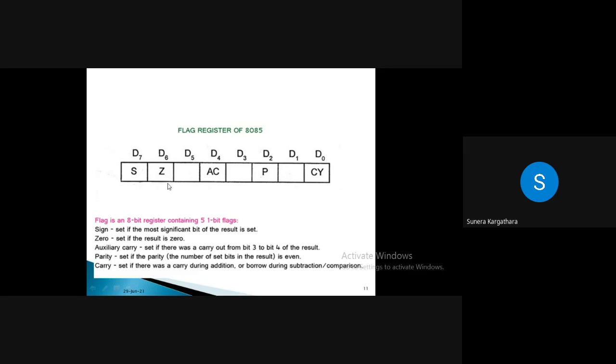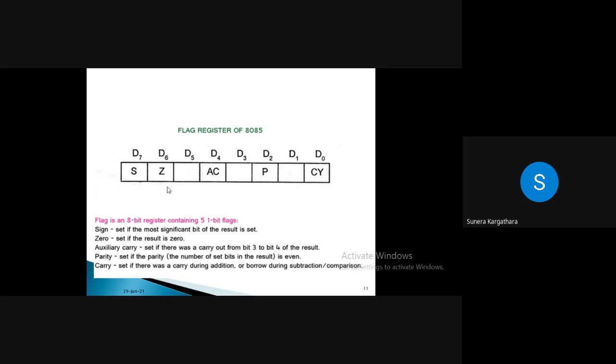Now the last 2 bits, that is D6 and D7. D6 bit of your flag register, through it you will generally find whether your answer is 0 or non-zero. Whenever you are performing any operation and you are getting your result as 0, the zero flag will be set to 1, otherwise it will remain 0.